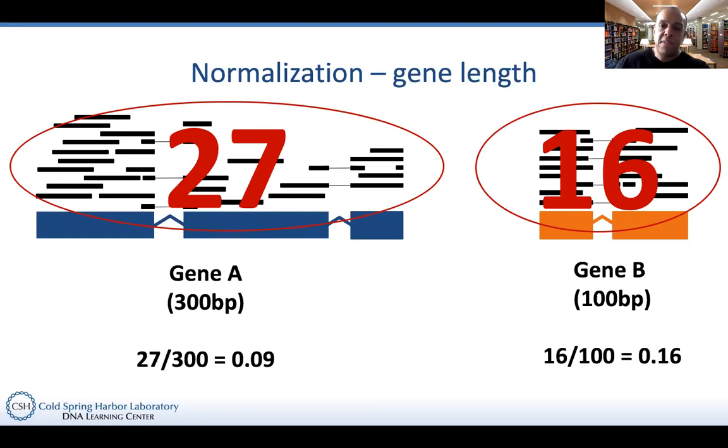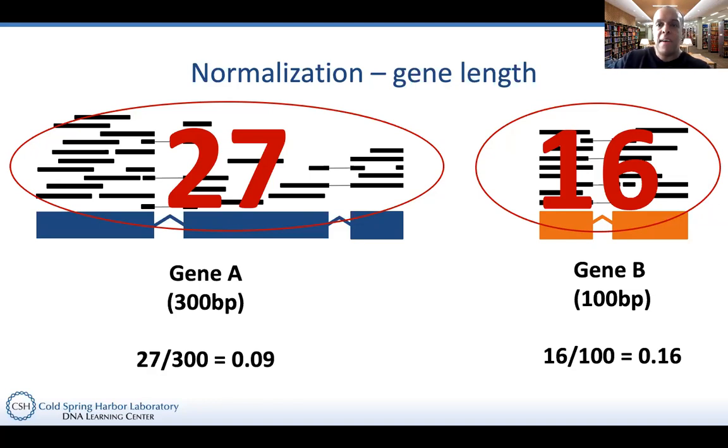Well, what happens is that you actually need to correct for the fact that just by virtue of a gene being longer, there's going to be more reads, more opportunities for reads to map to that gene. And if you were to take a simple ratio, this is not the only way we really correct, but this is good for our cartoon analogy, then 27 over 300 base pairs is only 0.09, and 16 reads over a 100 base pair gene is 0.16, which is higher.